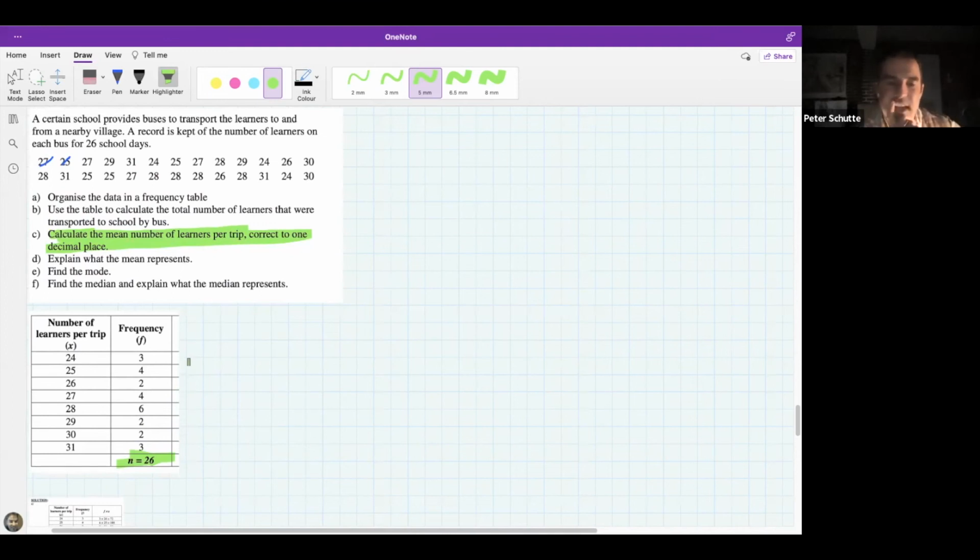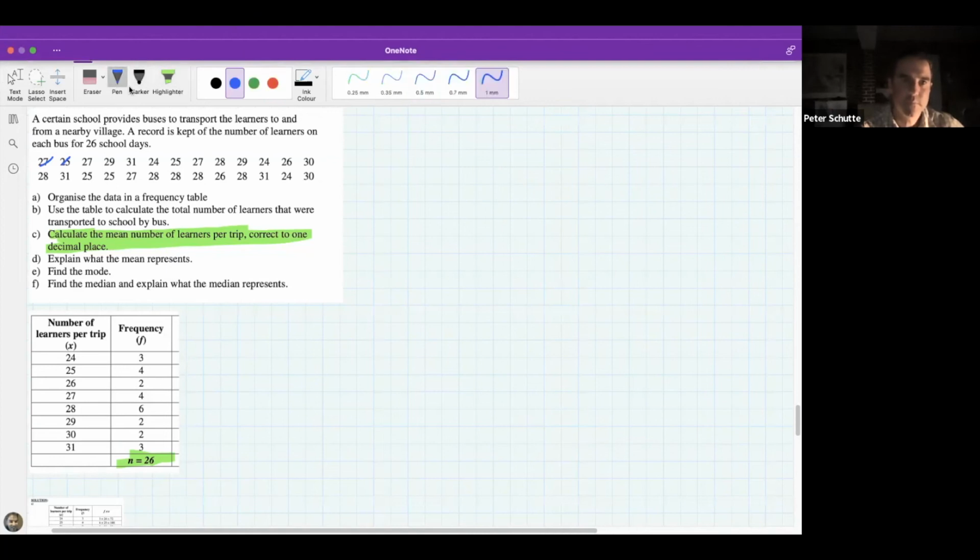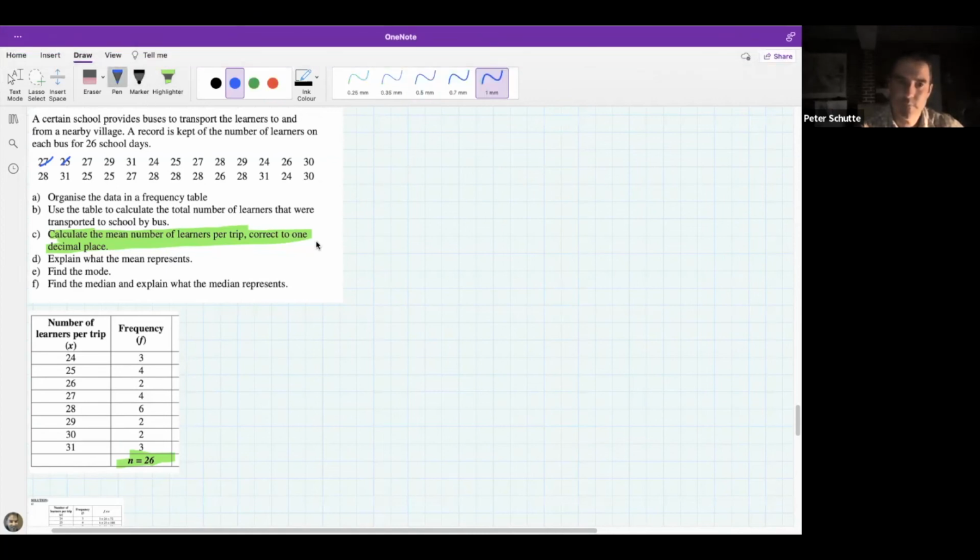But the same ideas will apply. So we know it's going to be divided by 26. So what is the mean going to be?